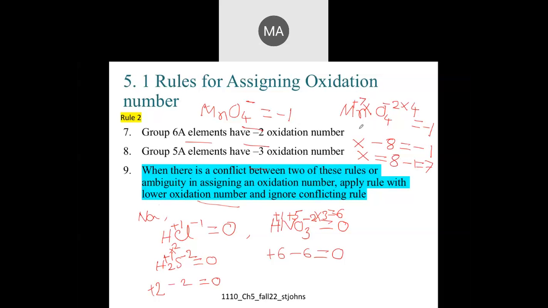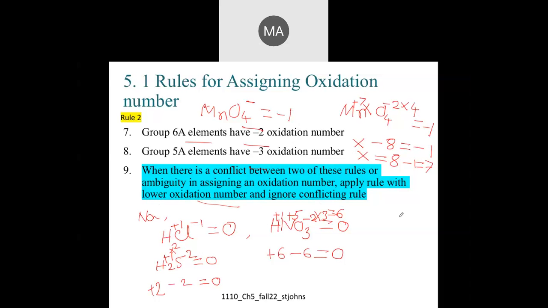This is how we calculate the oxidation number, and we have to remember the rules: free elements are 0, neutral compounds have oxidation number 0, but in the case of a polyatomic ion, the sum of the charges equals the ionic charge, not 0.